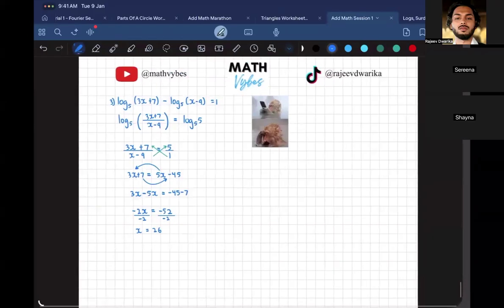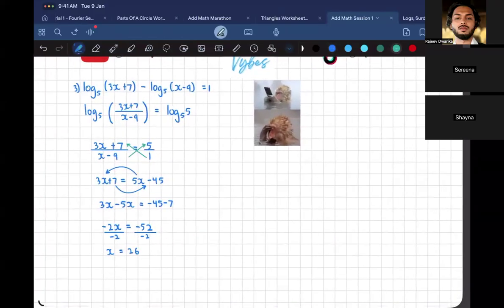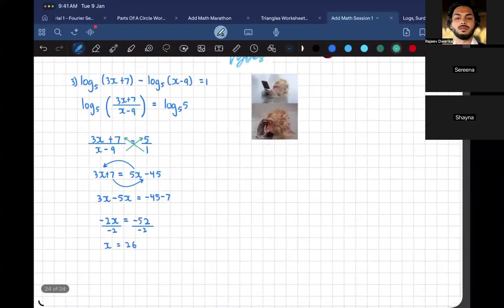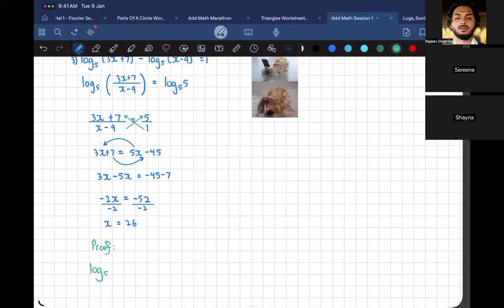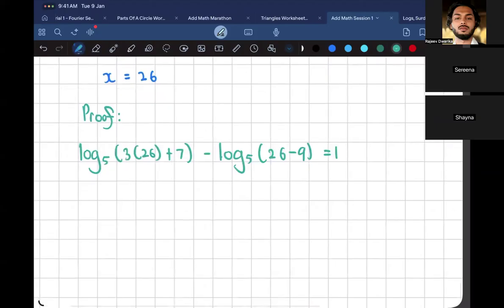Yes. Right? And Sheena, how would I check to see if my answer is correct? Yeah, apply it back into the original question. Every time I see x, you put 26. So let me see if that is the case. So I would put log base 5 of 3 by 26 plus 7 minus log base 5 of 26 minus 9 equals 1. So, Serena, what's 3 by 26?